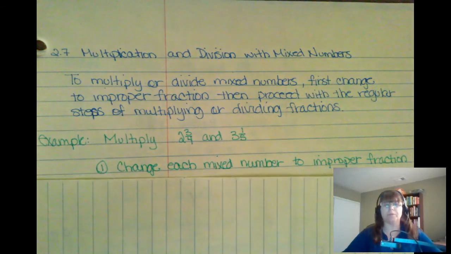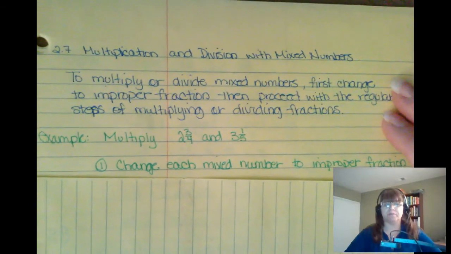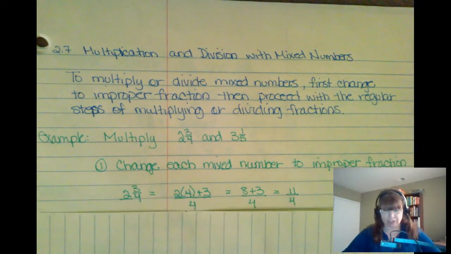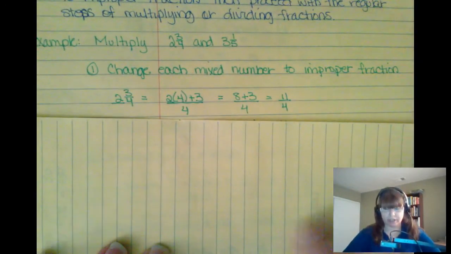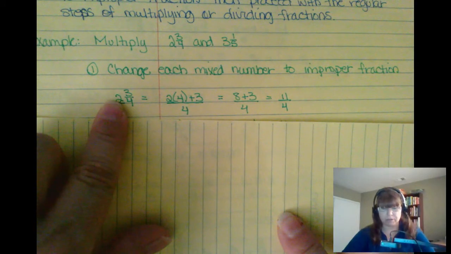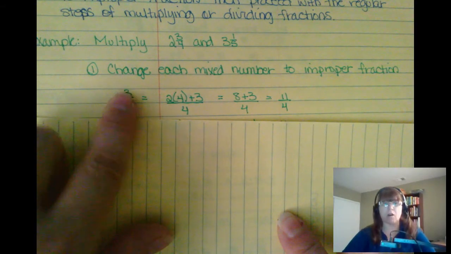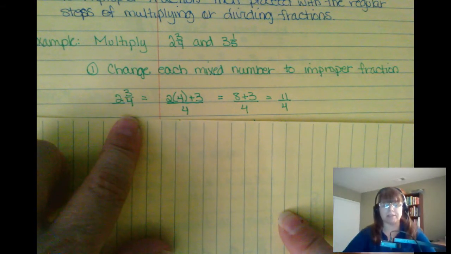So for example, multiplying 2 3/4 and 3 1/5. First step, change to improper fraction. So let's take each fraction and change it over to an improper fraction. So 4 times 2 plus 3 all over 4 is going to be the process.